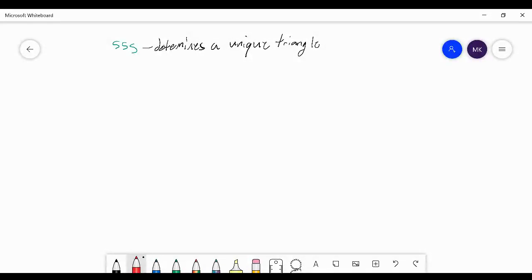Another one we could be given is side, angle, side.